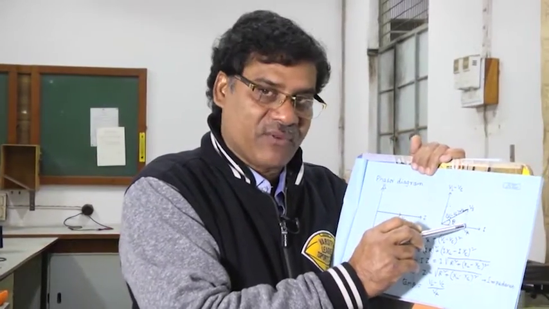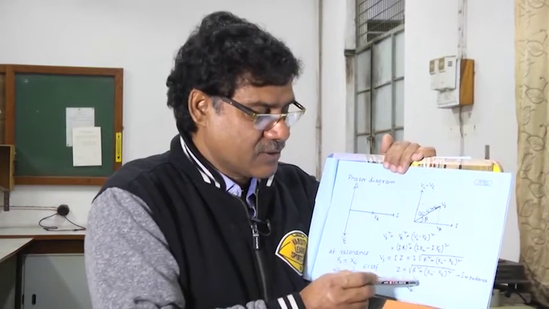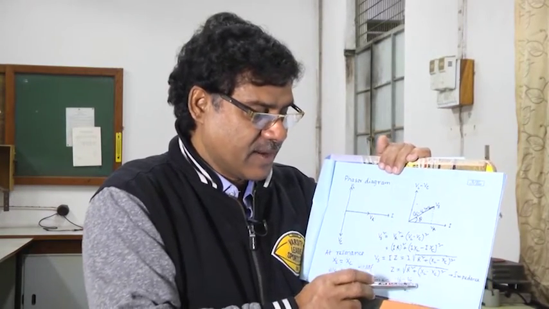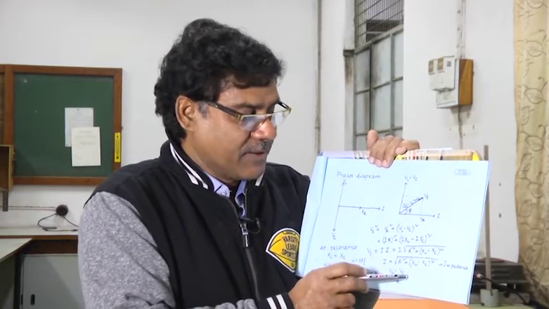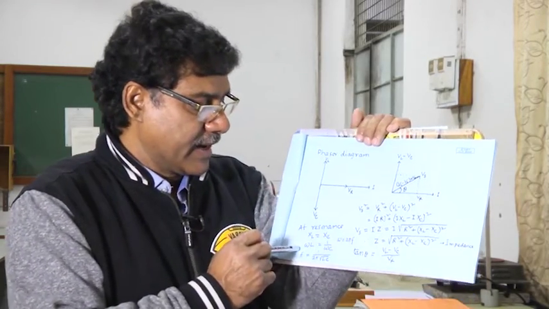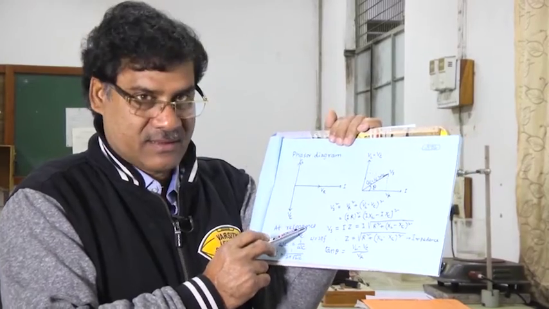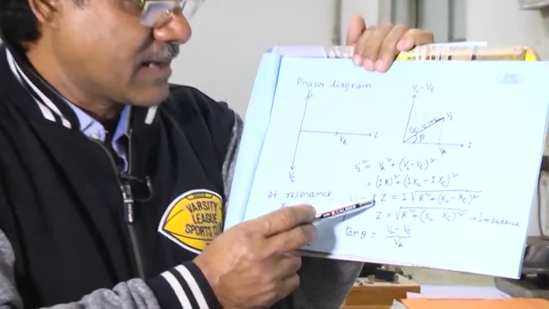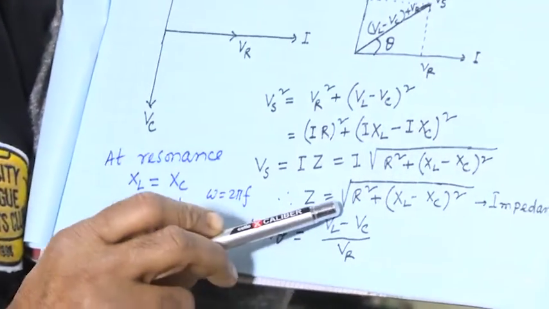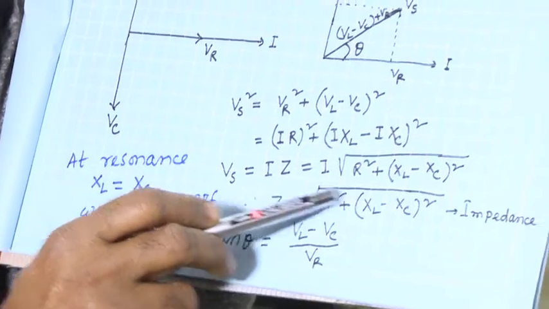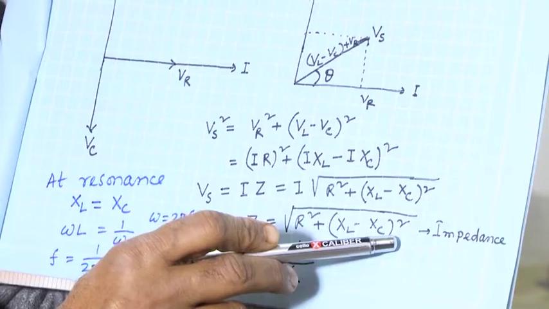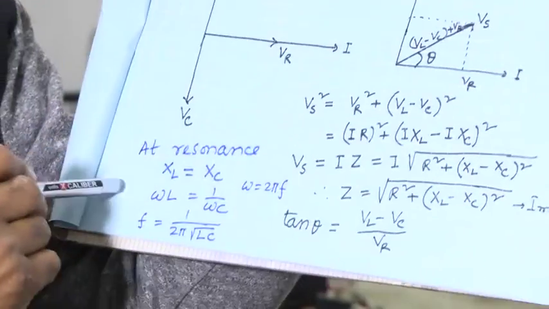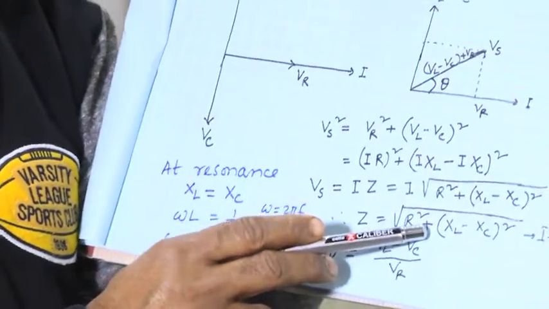That peak you have to find out, and the frequency corresponding to that peak you can also calculate theoretically, because at resonance you get maximum current, when the impedance is minimum. The impedance will be minimum when XL equals XC. So that is the condition of resonance.